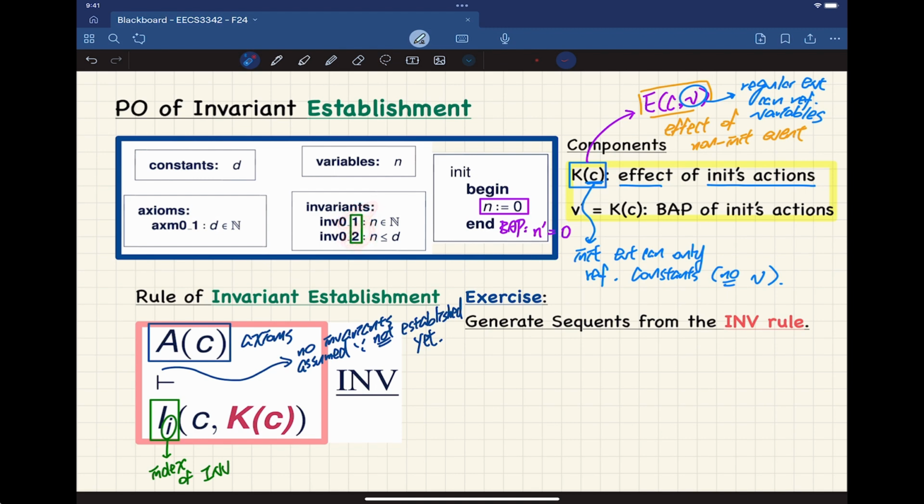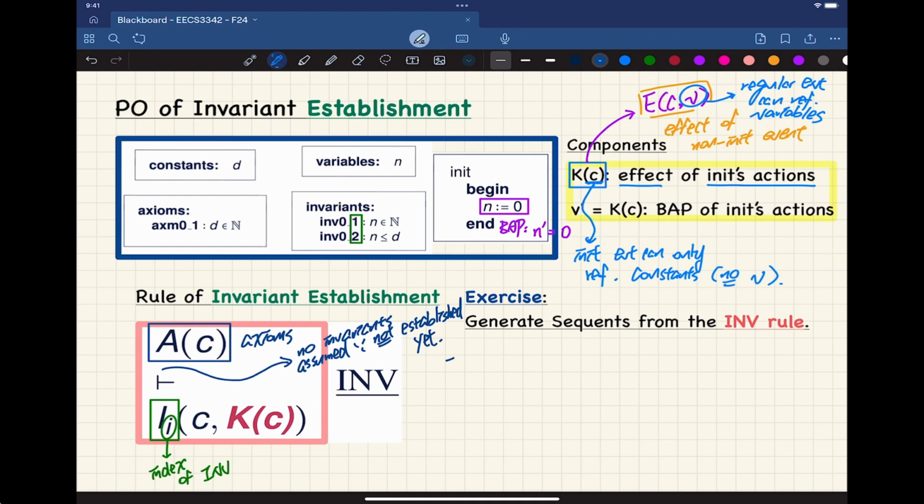So there'll be 2 of them. Let's look at the naming convention. It's going to be very similar to invariant preservation. You have to specify the name of the event, the condition, and the nature of the proof obligation. Let's do it one by one.